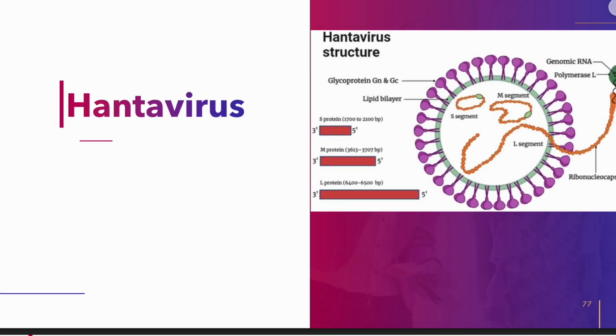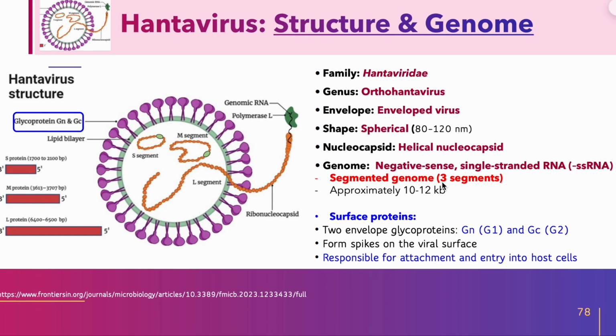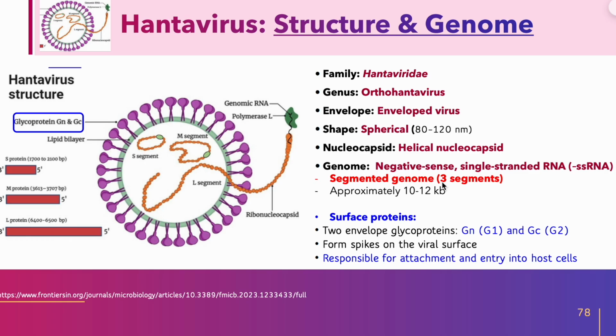Okay, so the last one is hantavirus. Going back to the spherical virus, but this virus is rodent-borne, especially by mice. Hantavirus is in the family Hantaviridae, genus Hantavirus.